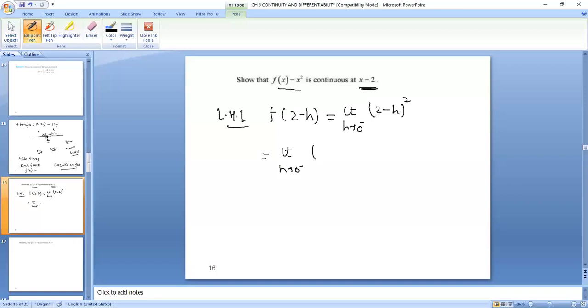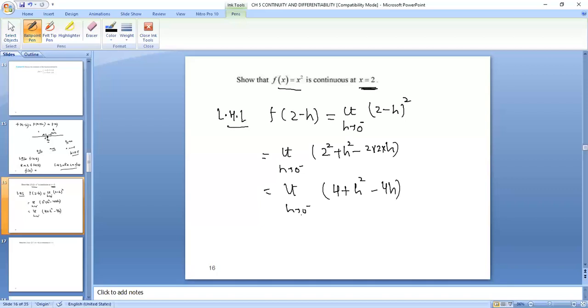2 minus h whole square means a minus b square, which is a square plus b square minus 2ab. So it is limit h tending to 0 negative, 2 2s are 4 plus h square minus 2 2s are 4h.